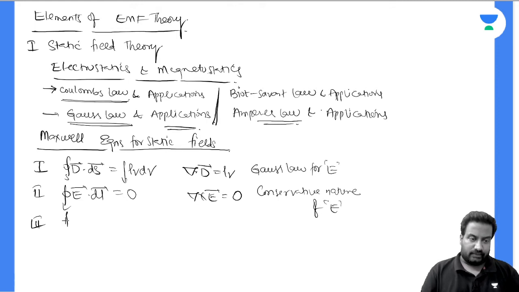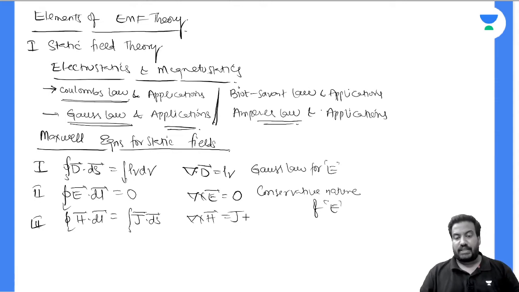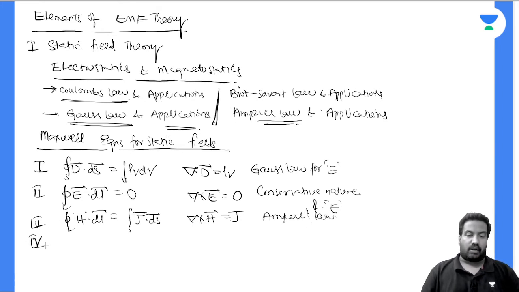Third equation: closed loop integral of H dot dl is equal to surface integral of J dot dS. Differential form: del cross H is equal to J. This is Ampere's law. Fourth one: closed surface integral of B dot dS is 0.